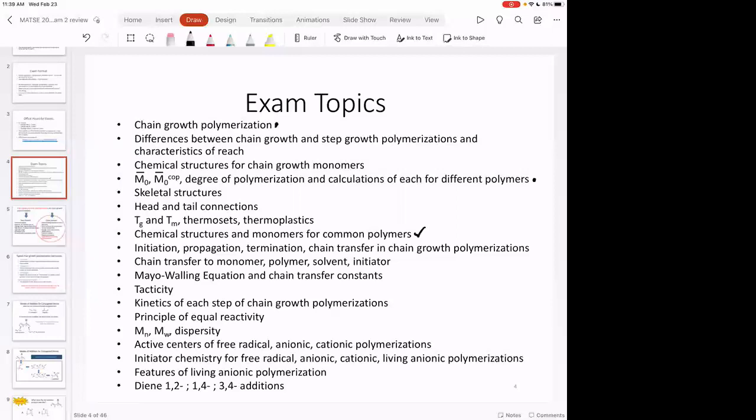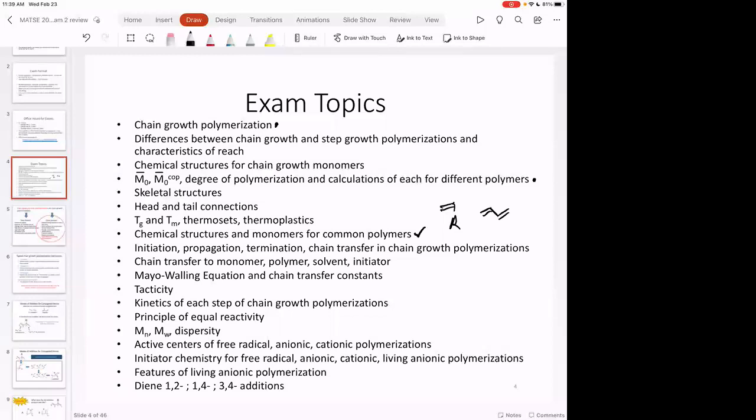But it's really thinking about vinyl monomers that look like this. And of course, dienes, which are special. Don't forget about those and know how to deal with dienes, because I guarantee you I will ask 1 or 2 questions on dienes on the exam. And I'll ask you 1 or 2 questions on stereochemistry on the exam as well.